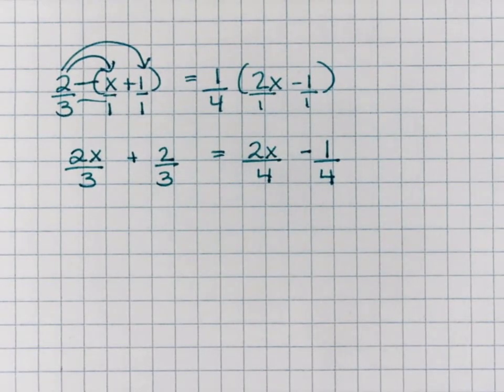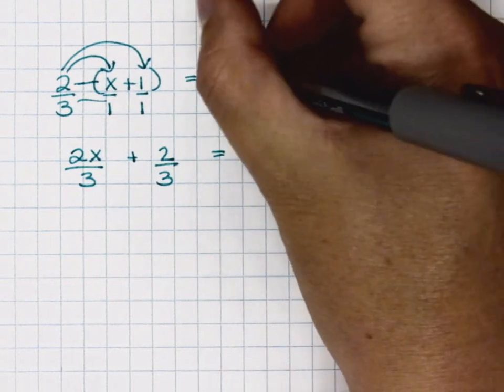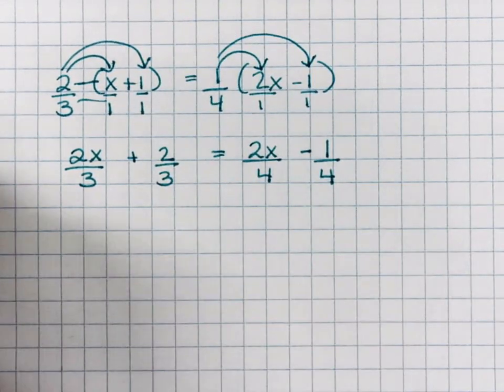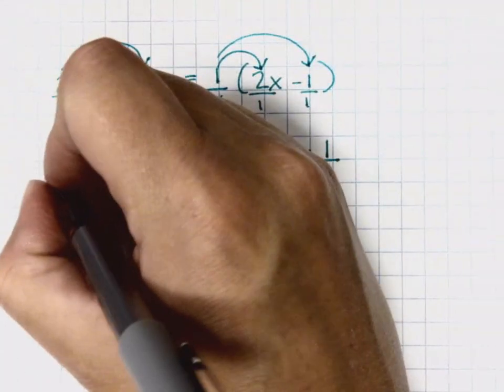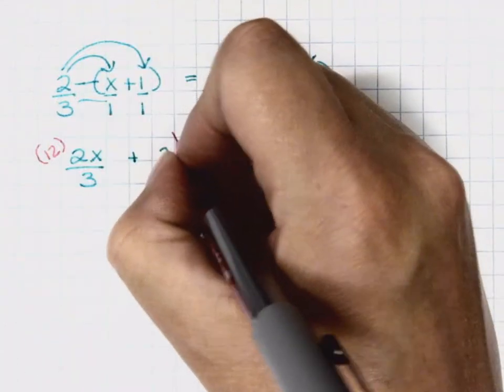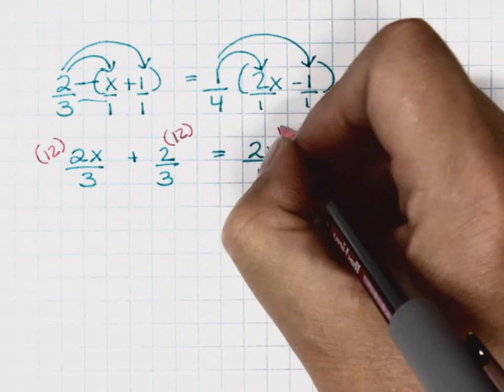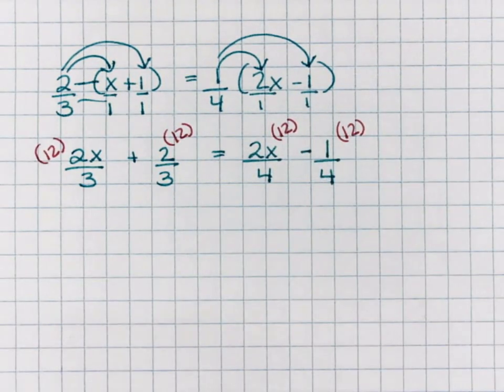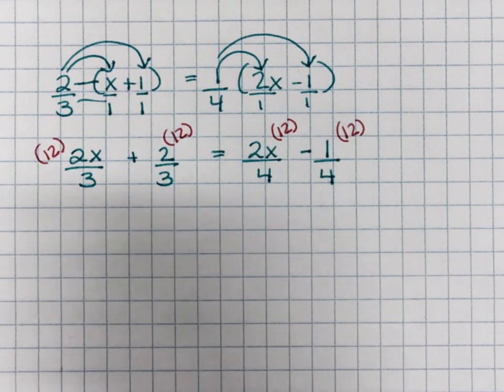Okay, so I multiplied the fraction in first. Now I still have denominators of 3 and 4, so the number I'm going to multiply is 12. So this is the way that I think makes more sense, but it's not as fast.